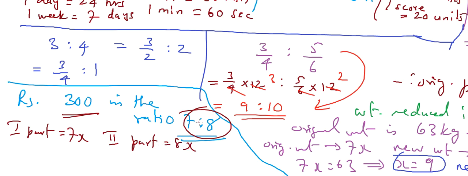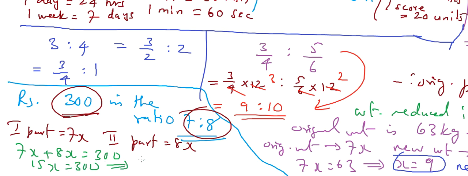Then how to proceed further? What's the other information that we have? We know the total is 300 rupees, correct? Which means 7x plus 8x equal to 300. Which means 15x equal to 300, which implies x is equal to 300 by 15, which is 20.